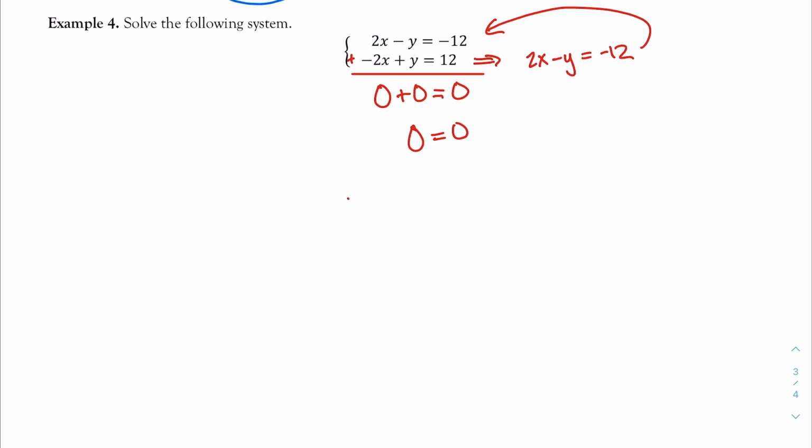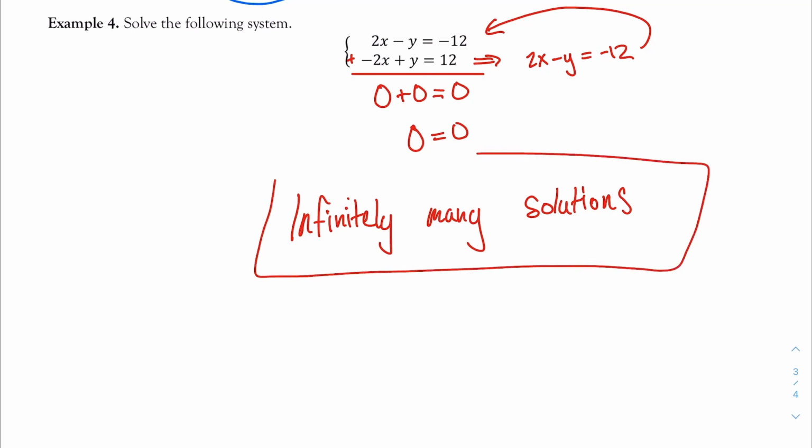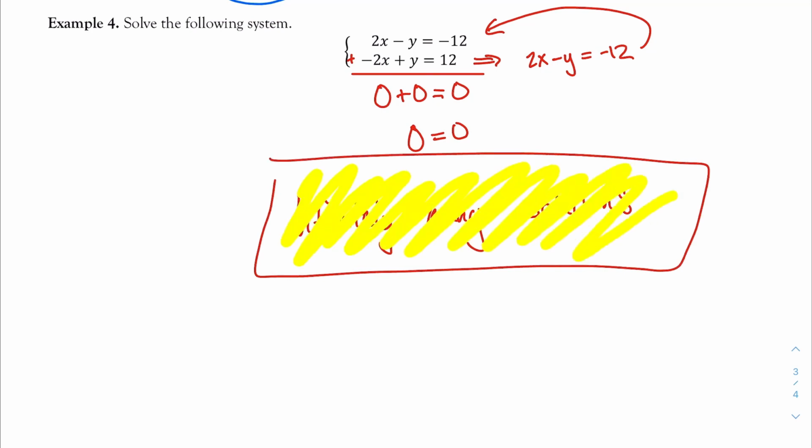As it turns out, all I have to do is write infinitely many solutions, because we have an unlimited number of ordered pairs that would work in here. We're not specifying which ones, but we know that there exist infinitely many. So this is what we did for example 4.